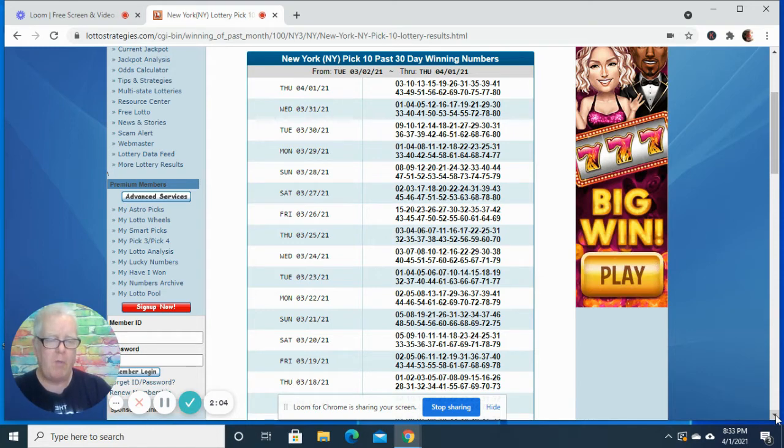So now what you want to do is look at the first 3 numbers of each draw and find out how many times it comes out where it's 2 numbers under 10 or it's 3 numbers under 10.